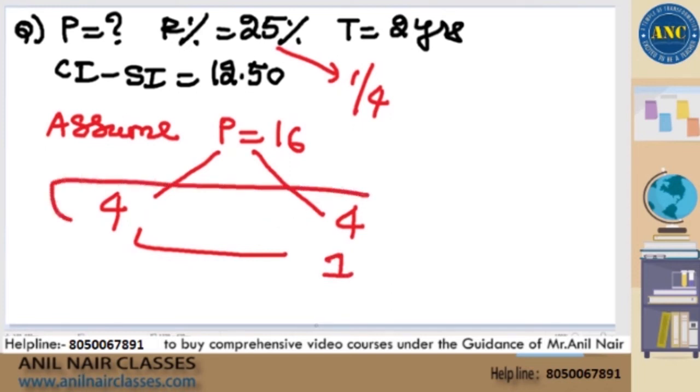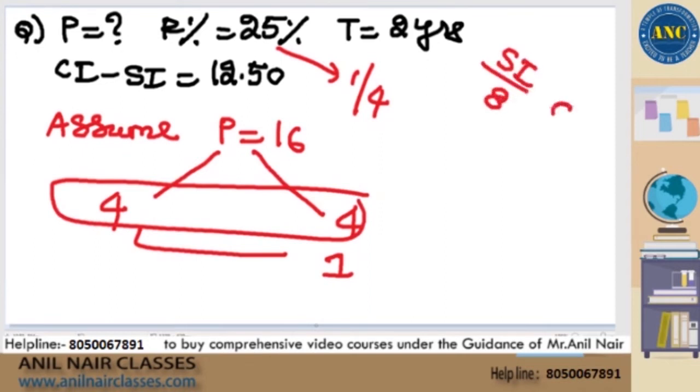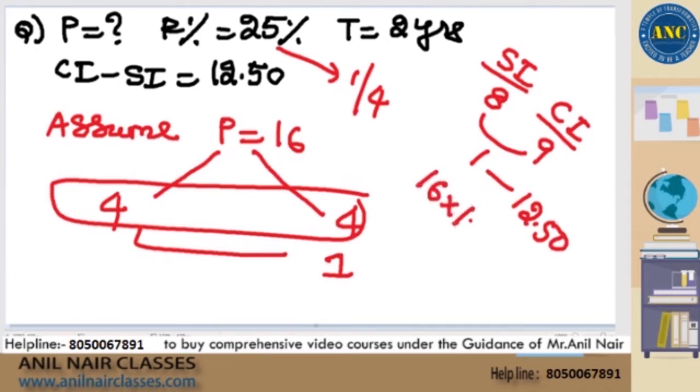So SI for 2 years is 8. CI for 2 years is 9. So difference is 1. But according to the question, it is 12.5. So answer is 16 into 12.5. I hope it is clear, sir.